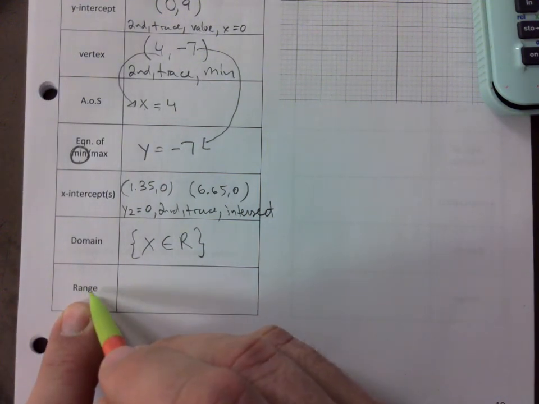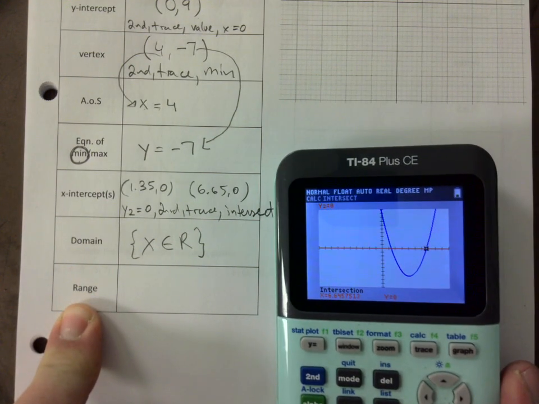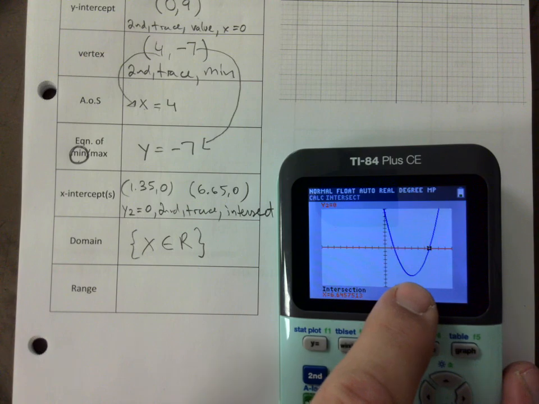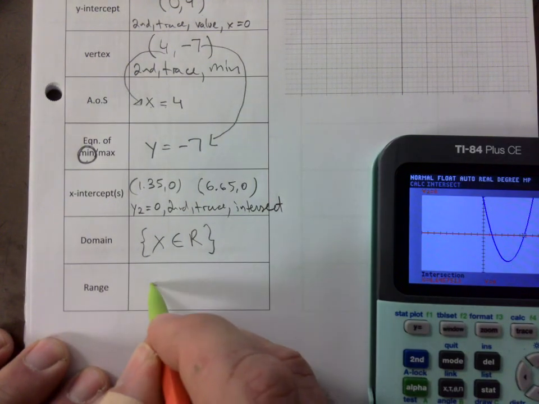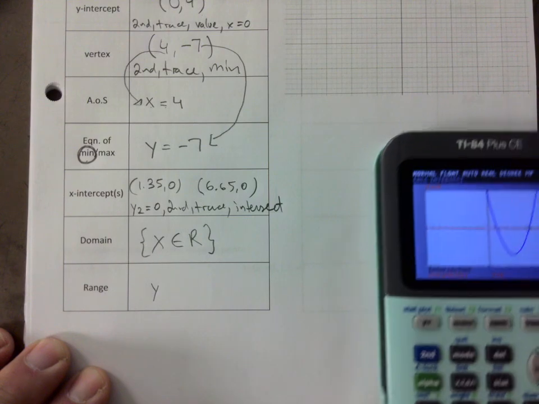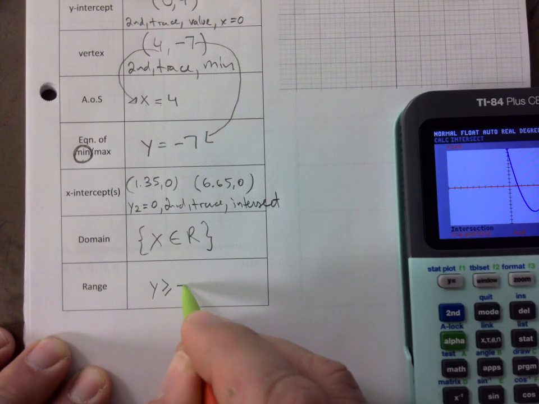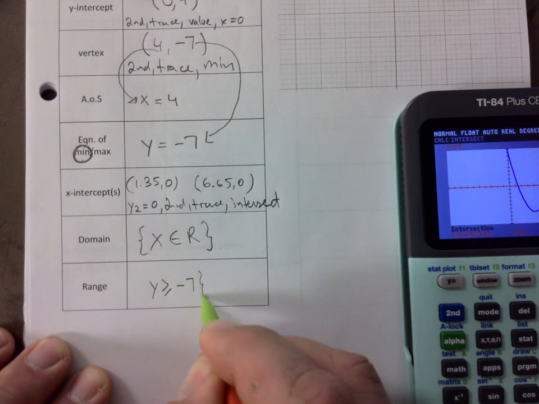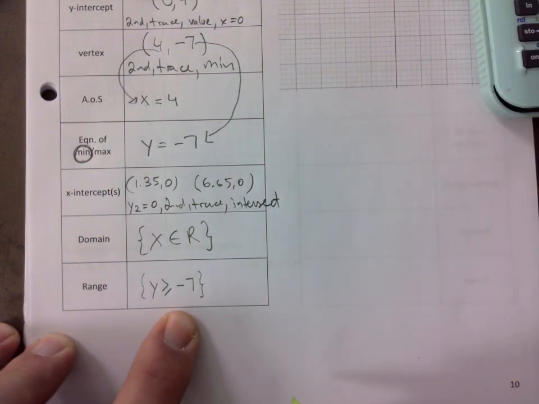The range, how would you do that one? Let's look at our graph here real quick. Y has to be greater than or equal to that lowest point, so greater than or equal to the y value of the vertex. So this is what you would want as set notation.